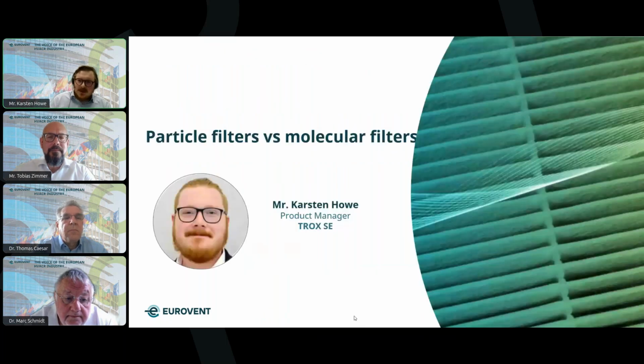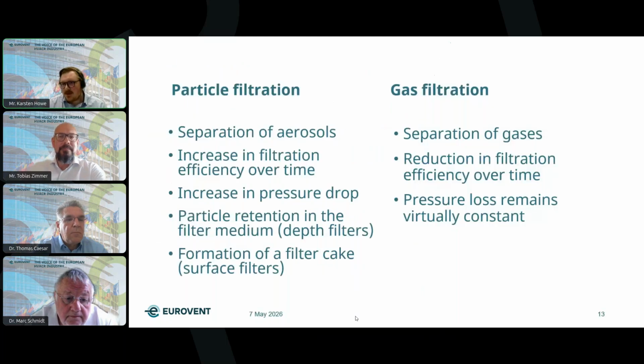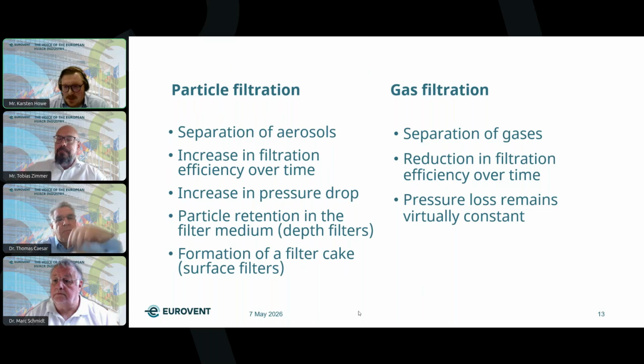After this, we come to the next topic, particle filters versus molecular filters. Where are the differences, or why do we use the difference? Of course, we need to filter, we need to separate both from the indoor air. Particle filtration is separation of aerosols, and when we do particle filtration, we have an increase in filtration efficiency over time.